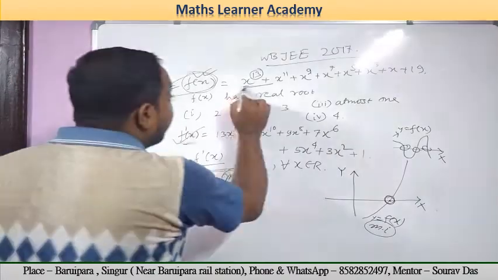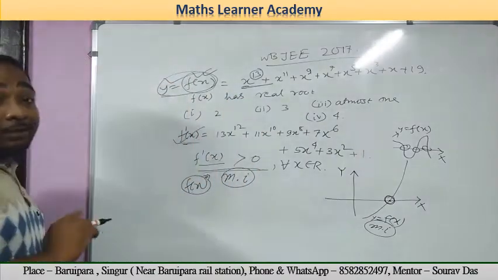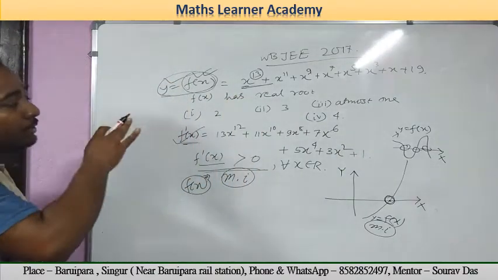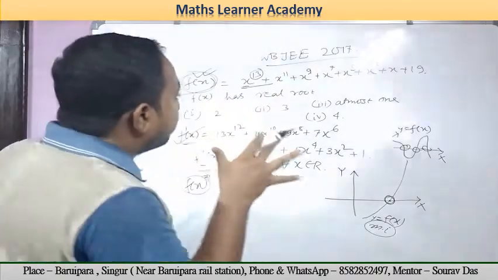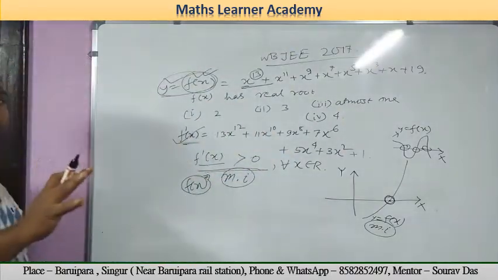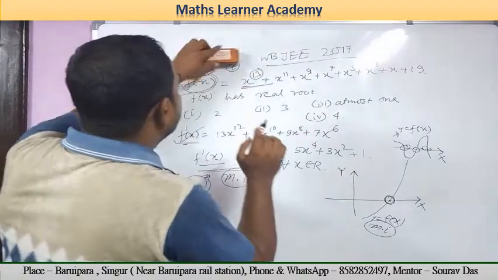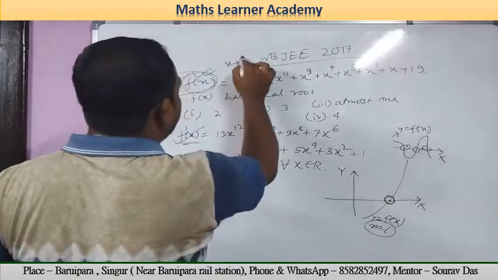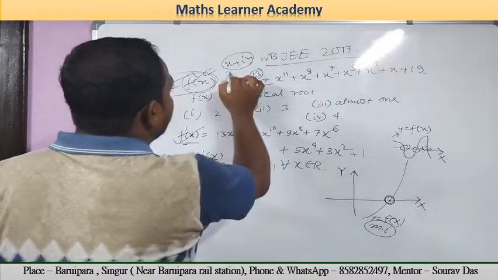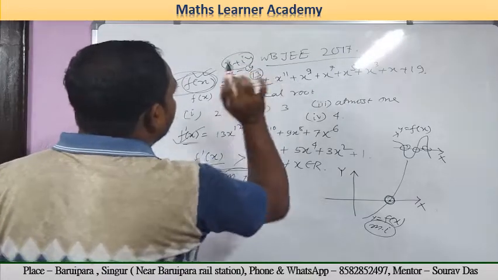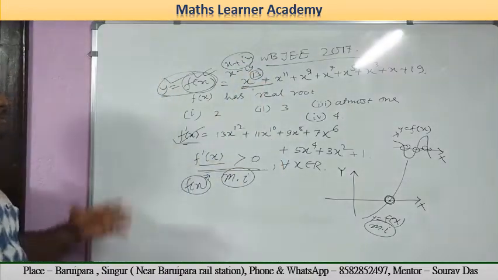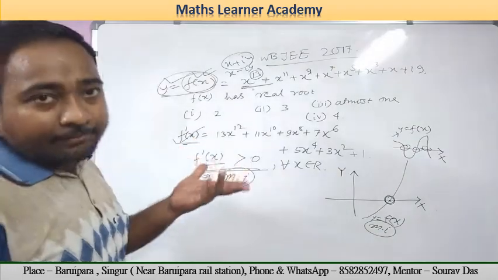This polynomial should have one real root, because complex roots occur in pairs. Suppose x plus iy is a root of this equation, then its complex conjugate will also be a root. So actually the complex roots occur in pairs, right?